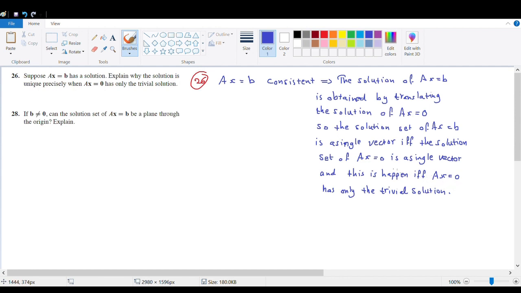So if Ax = b has a unique solution, that means Ax = 0 also has a unique solution, and vice versa, because the solution of Ax = b depends on the solution of Ax = 0.